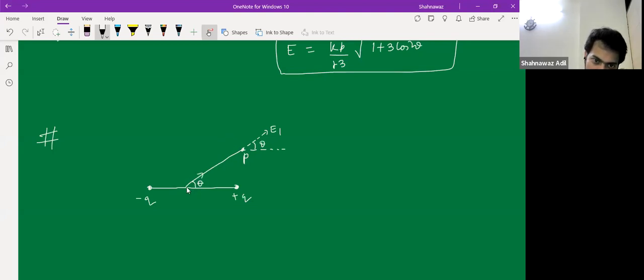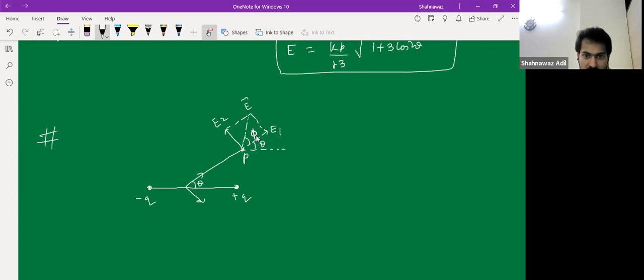So this one and this one. And this is the E net. Right. So this is the angle phi. And this is the direction of the electric field.